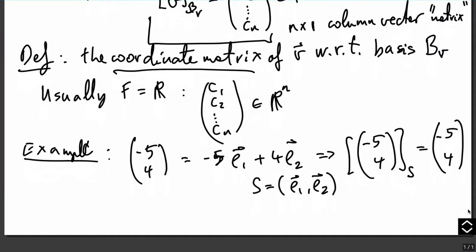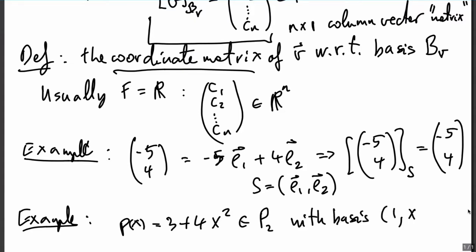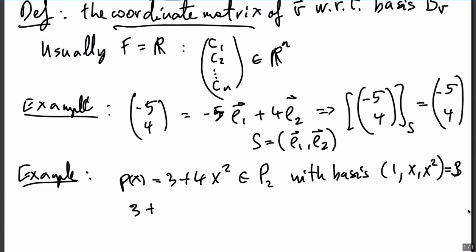Or probably nothing. Maybe a better example, something I tried to emphasize already before. If we have, for example, the polynomial 3 plus 4x squared in the vector space of polynomials over the reals, and you use the basis 1, x, x squared, let me use the notation B for this, then the polynomial has the representation in this basis of the column vector (3, 0, 4).